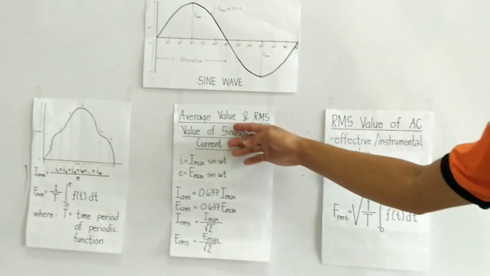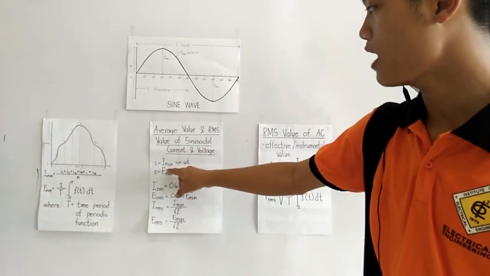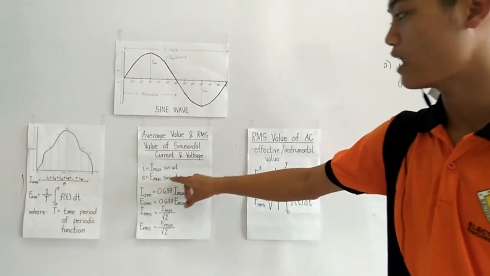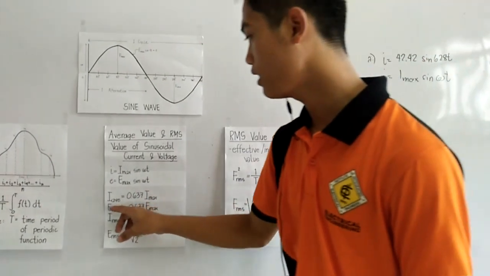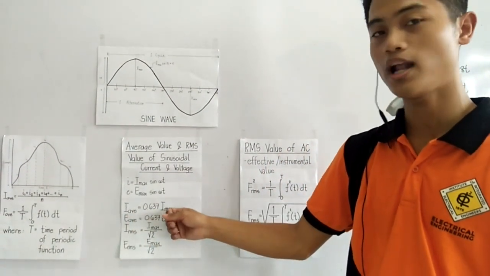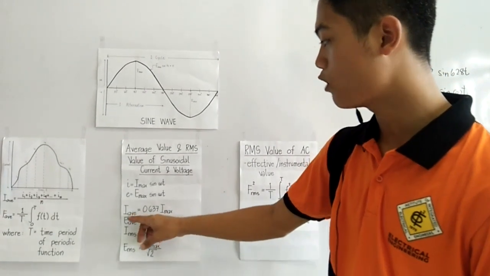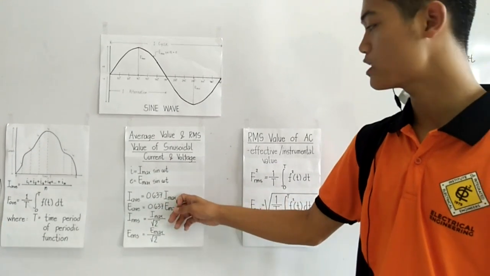Next are the formulas. Here, I is equal to I max sine omega t and E is equal to E max sine omega t. The ratio of the average value and the maximum value of current is given in the form of I average is equal to 0.637 maximum current.